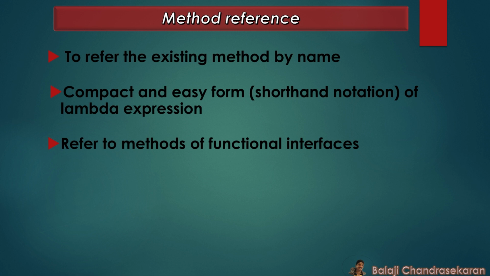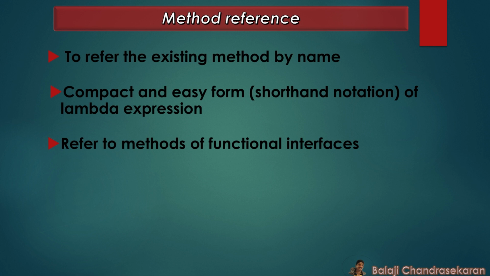Each time you are using a lambda expression to just refer to a method, you can replace your lambda expression with a method reference. Method references are used to refer to methods of functional interfaces directly. When a lambda expression is used solely to invoke a method on an object or class, it can often be replaced with a method reference.